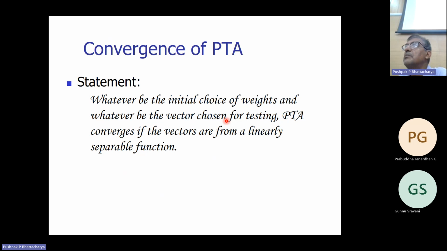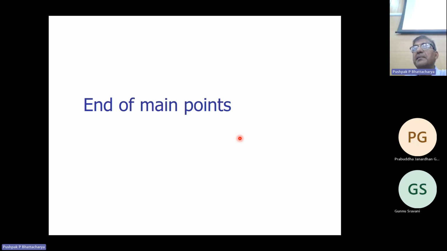So even for 1,000 components, the perceptron training algorithm might take an enormous amount of time, but it is guaranteed to converge, which we have proved by using the function GWN and examining its properties. So these were the main points covered in the last week. If you have any comment or question, you're welcome to make it.